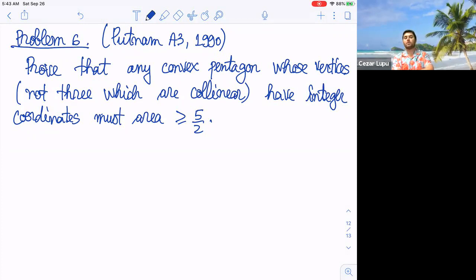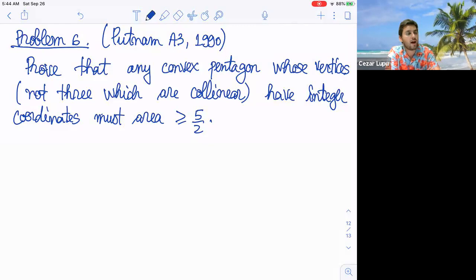It relies on 2 facts, basically. I think we've done this in one of the recitations when we talked about geometric inequalities. Remember, I told you about Pick's theorem, how to compute the area of a polygon if the vertices are lattice points.